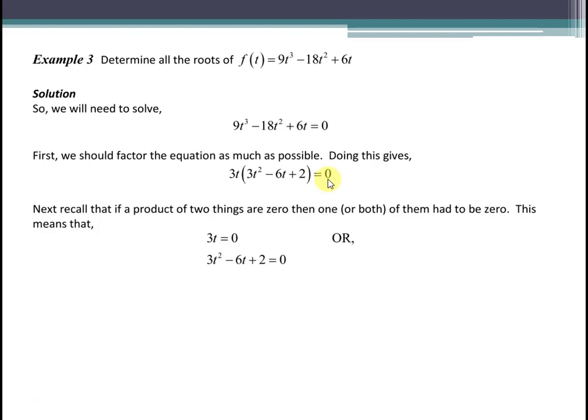Now we have to solve these two equations separately. 3t is equal to 0, and inside of the bracket 3t squared minus 6t plus 2 is equal to 0.